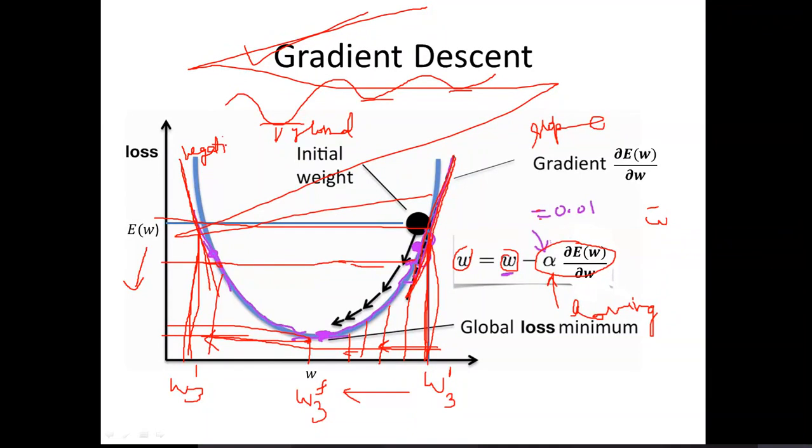Your error function has a very nice characteristic that the slope of the curve to the right of the minimum point is positive and the slope to the left of the minimum point is negative. So dou E by dou W is negative, alpha is positive, and this negative is being subtracted, which means it becomes a positive value and gets added. And if you get a positive value and get added, your W3 will move towards the right, which is an indication that you are moving towards the global minimum.